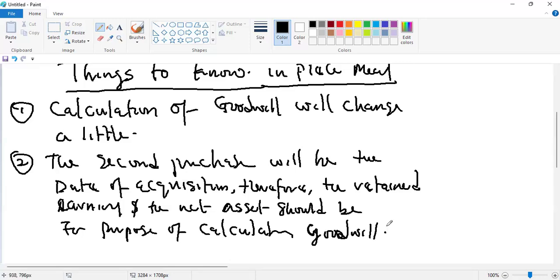Don't mind the grammar, you understand. Second purchase will be the date of acquisition. Therefore, the retained earnings and the net assets should be used for the purpose of calculating goodwill.